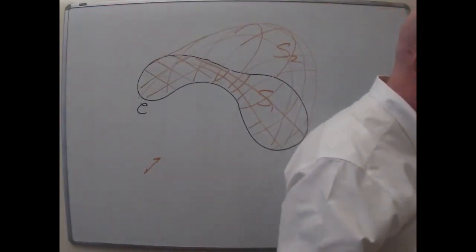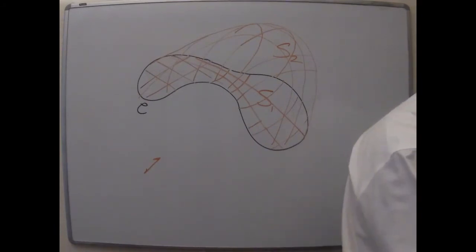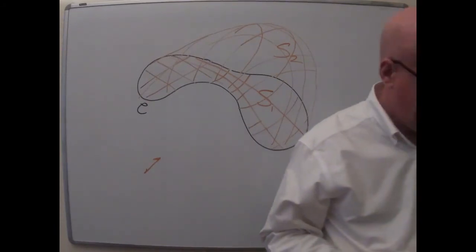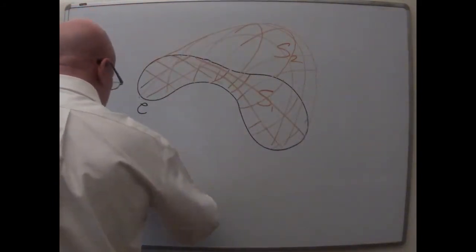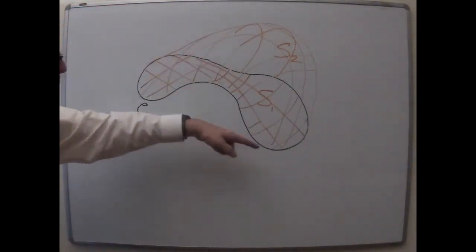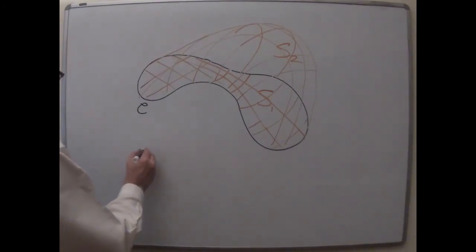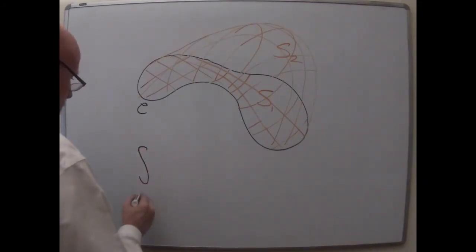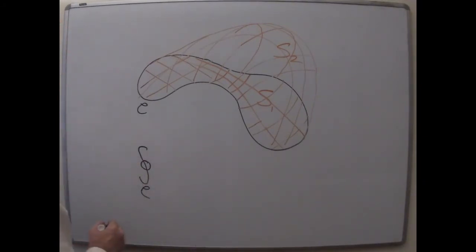What Stokes' theorem says is for any surface that has C as its boundary, you can write a double integral over the surface that's equal to a single integral, or a path integral, around the boundary. Around the boundary, the loop integral looks like the circulation form in Green's theorem.